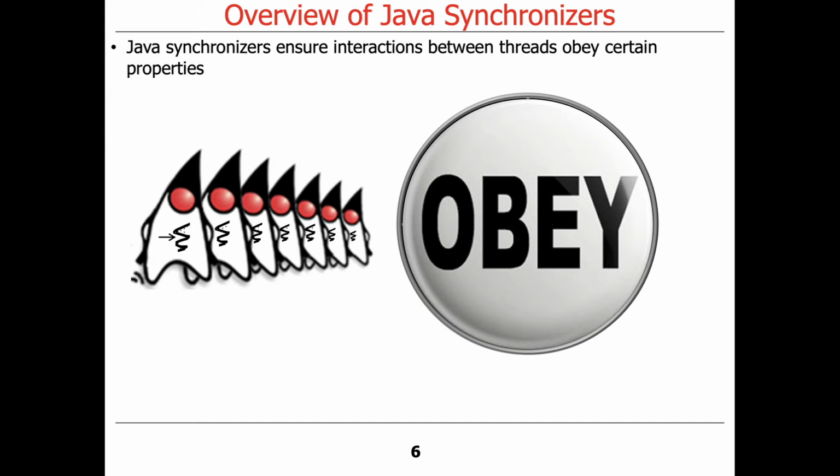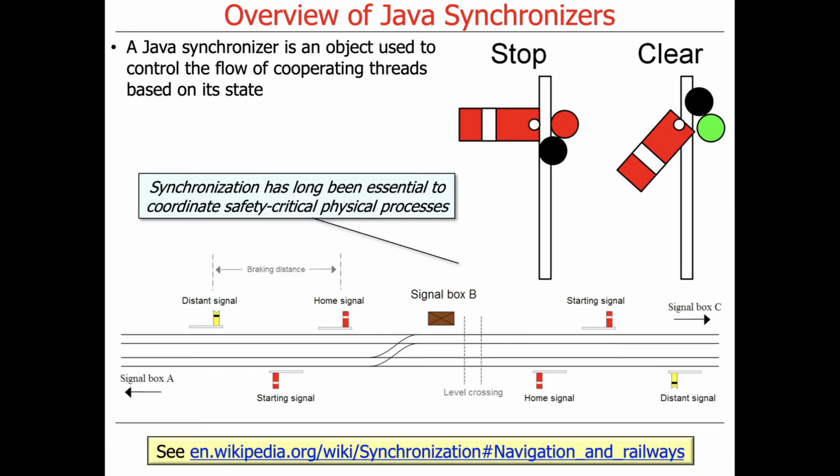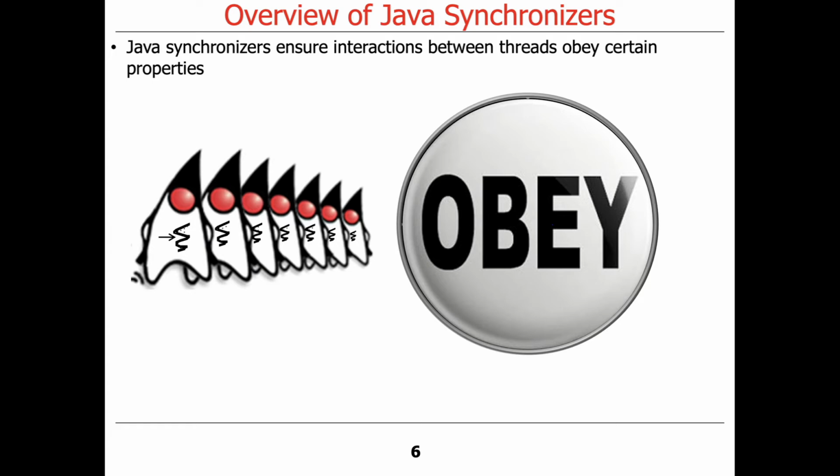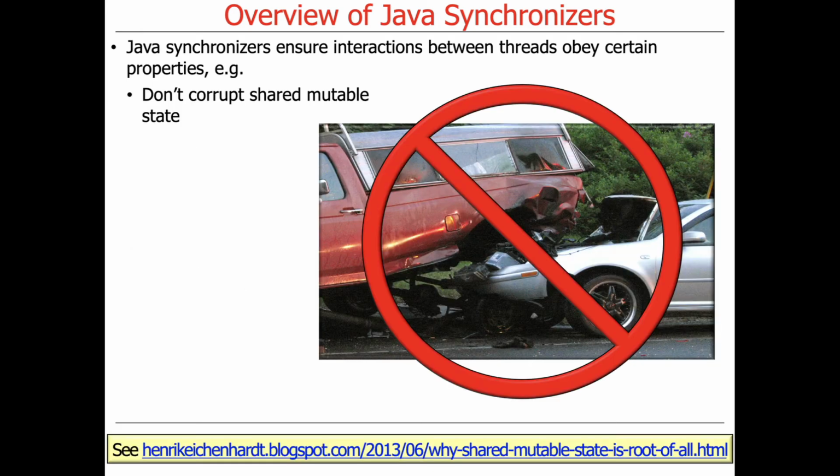Java synchronizers are used to ensure that interactions between threads obey certain properties. Real-world synchronizers make sure that, for example, trains don't crash into each other and cause tremendous damage. Likewise, Java has synchronizers to make sure that threads obey certain properties as well.